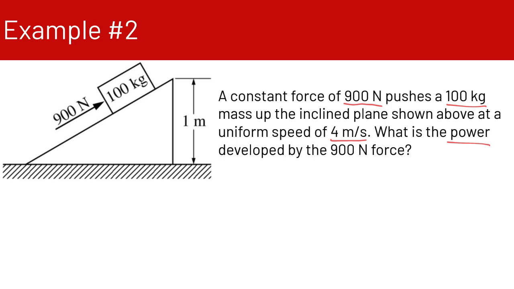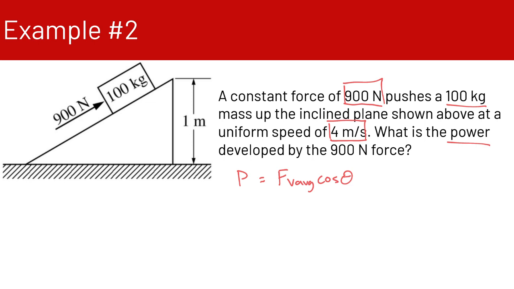Okay, so our equation for power is equal to force times average velocity times cosine theta. We have a force, which is 900 newtons. We have a uniform speed, so it's the average speed of 4 meters per second.